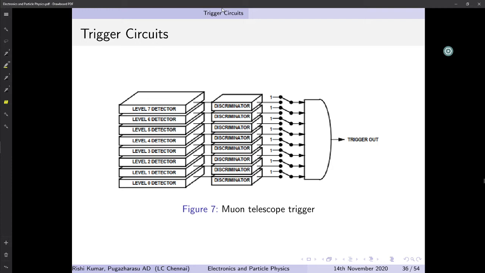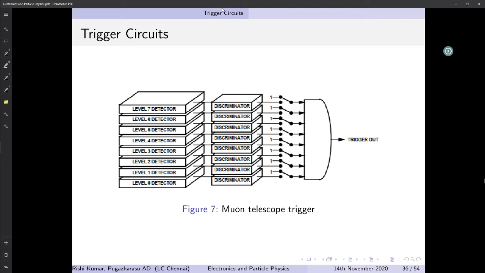You have 8 levels of detectors, and then it flows through the discriminator, through a giant AND circuit, and then you get the trigger output. Usually these detectors are SiPMs, scintillators, or they can be anything, they can be the CMS things as well.